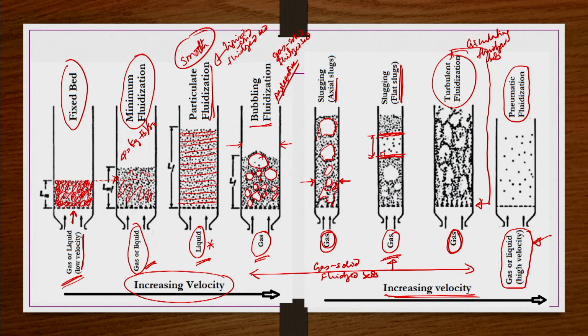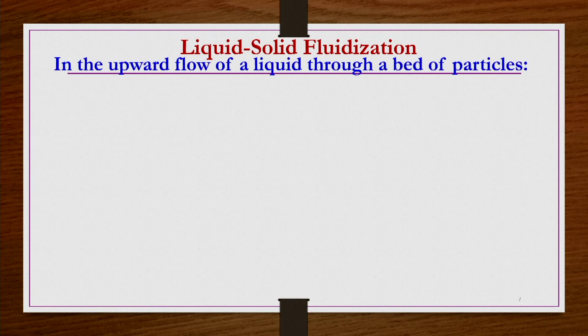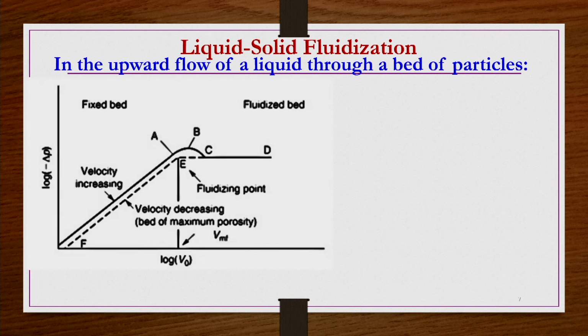Now, what we do is look at the pressure drop versus flow rate behavior for liquid solid systems. Okay, liquid solid systems. So for liquid solid fluidization, if we have the upward flow of a liquid through a bed of particles, then we can have the pressure drop versus flow rate or velocity on a log curve.